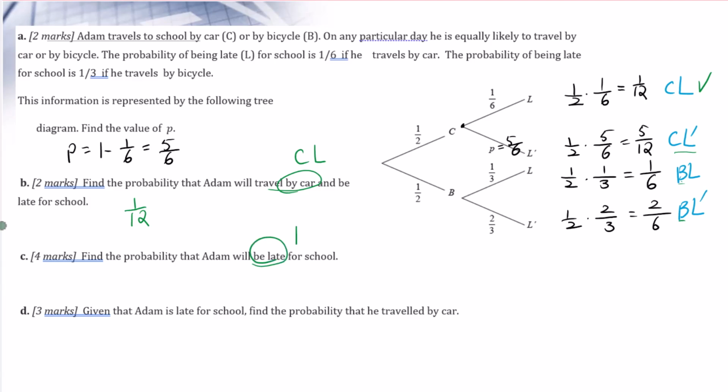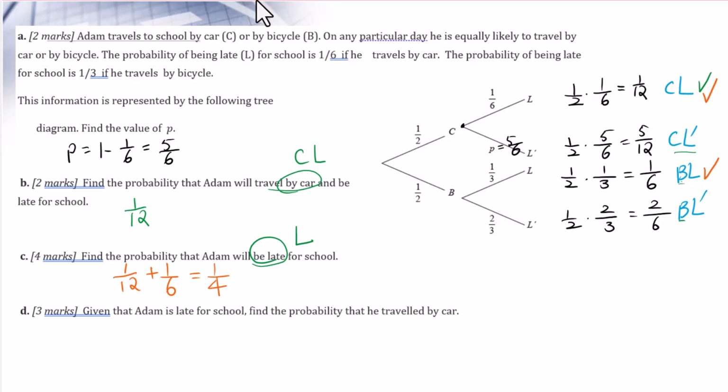Late for school, L. Just check the labels with L. This and this. So we will get 1/12 plus 1/6 equals 1/4.